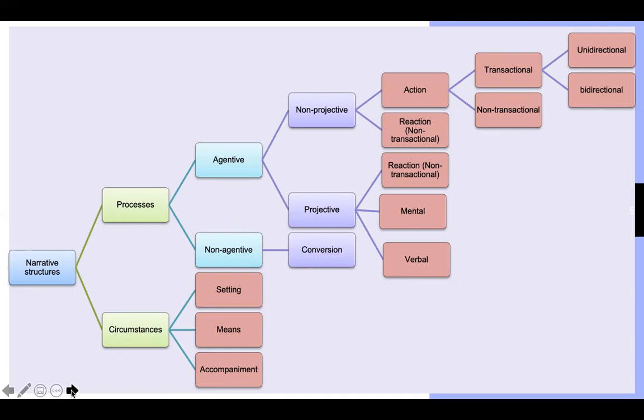For action, there are two types: transactional and non-transactional. For transactional, we have unidirectional and also bidirectional. For circumstantial elements, we have setting, means, and accompaniment. I will discuss each one of them in turn.